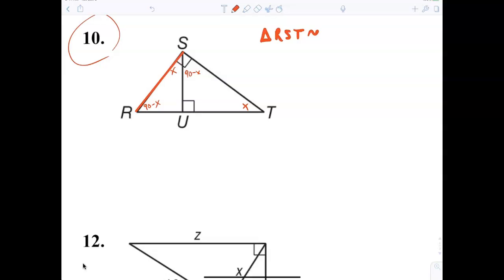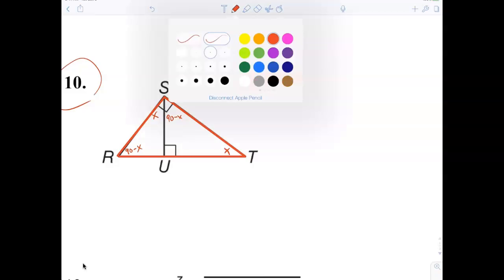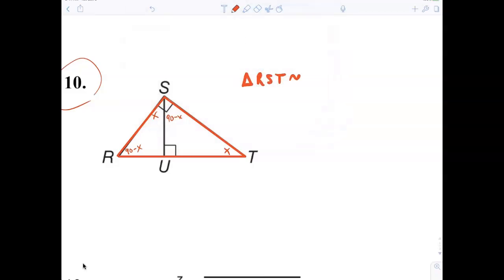Just make sure. RST. Now, sometimes, starting out, if I was taking a test, I would write above R what? 90 minus x. S is the what? 90 degrees. And T is the x.